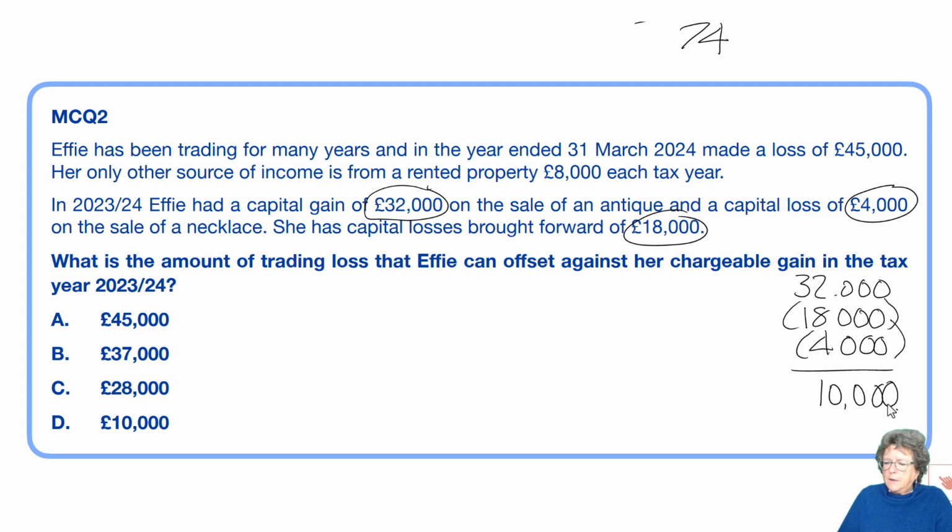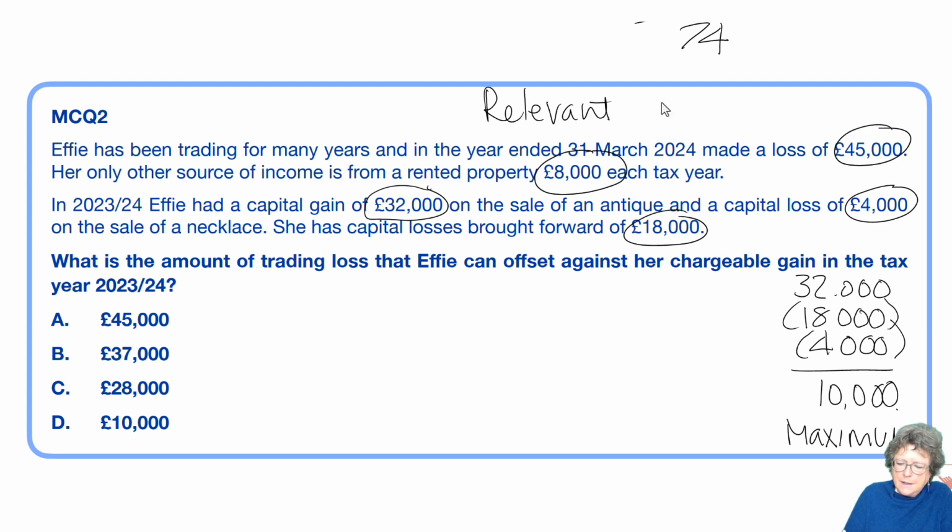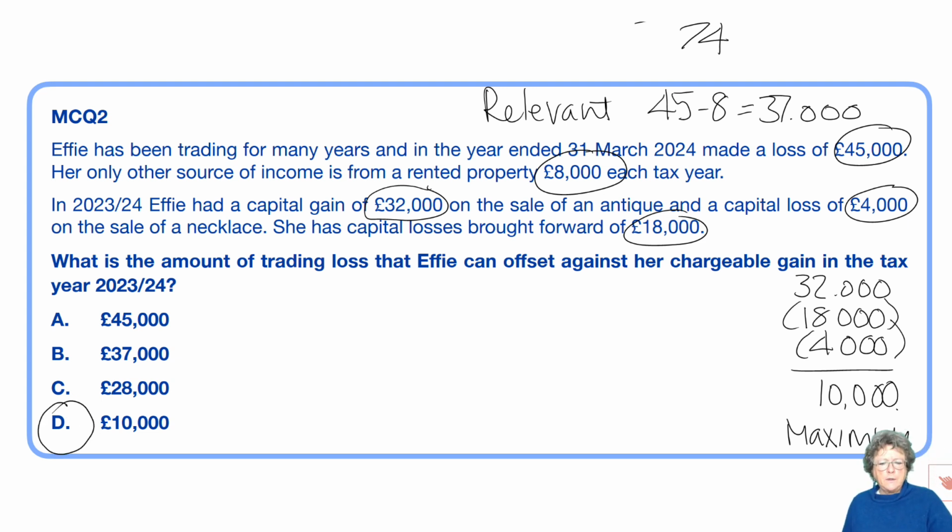What's the relevant amount? The relevant amount is 45 less 8, which is 37,000, and it's the lower of these two, which means it would be that one. You see how that's been tested there, and that one I read the question carefully.